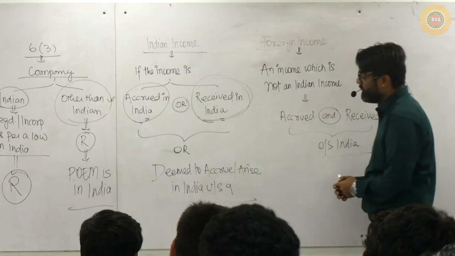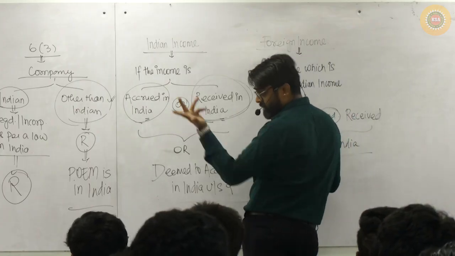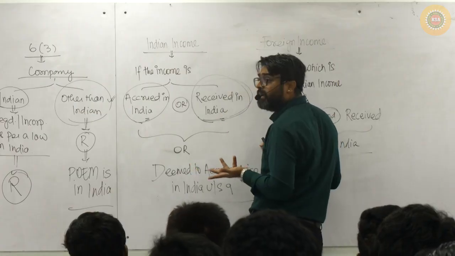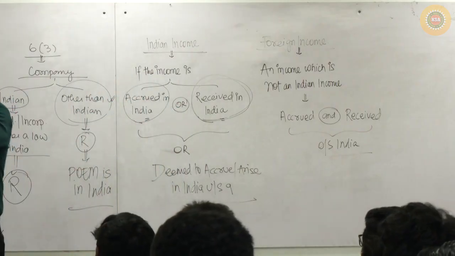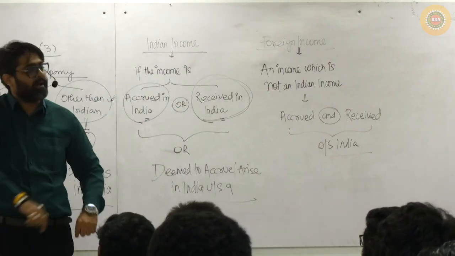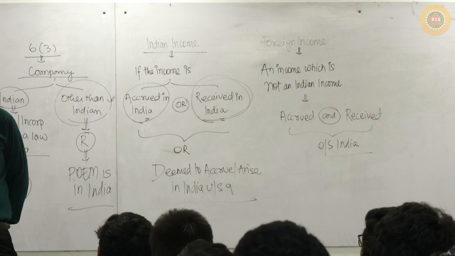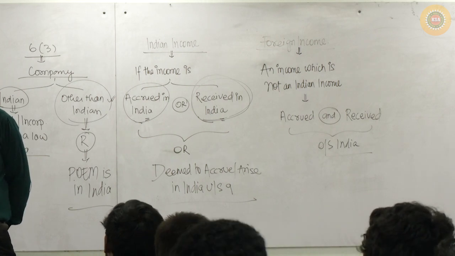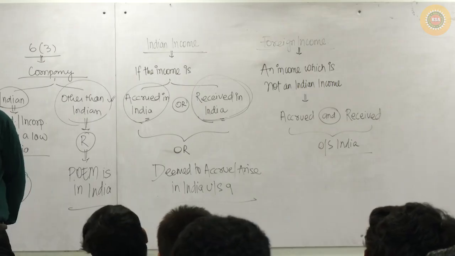So even if the actual accrual might not be in India, and the actual receipt might not be in India, with both happening outside India, since the income is covered in section 9, we will deem it as if it is accrued from India, meaning this income is also Indian income.